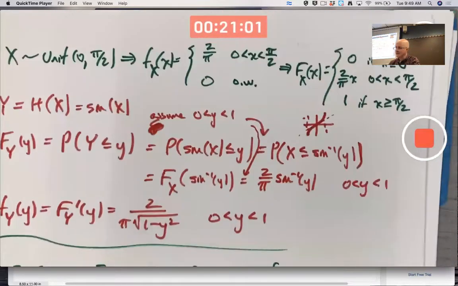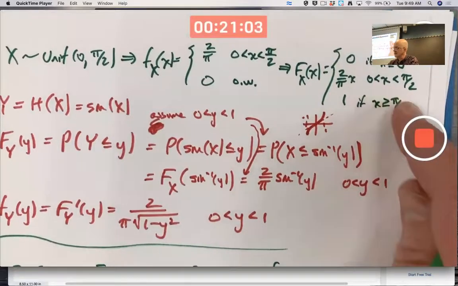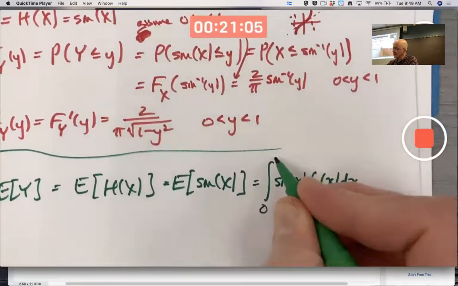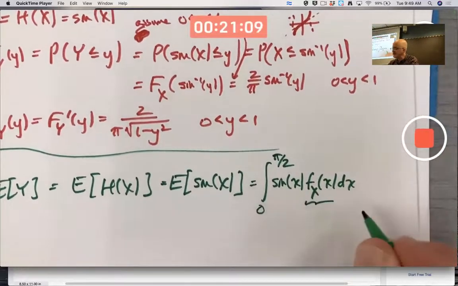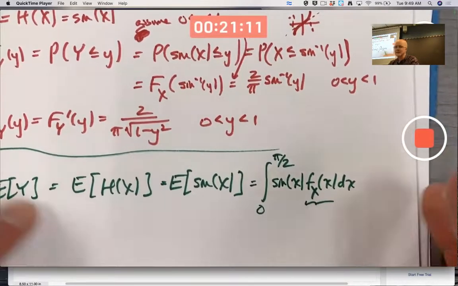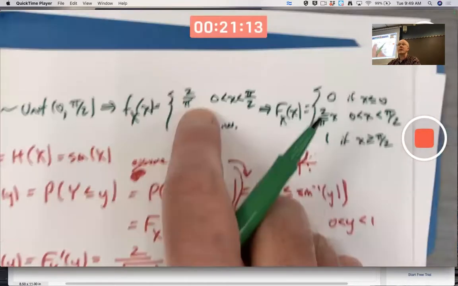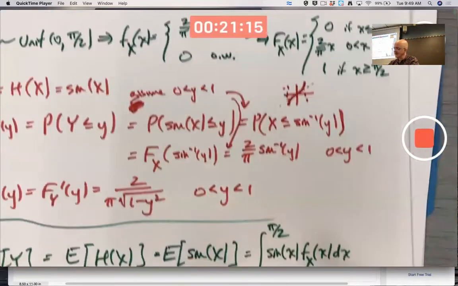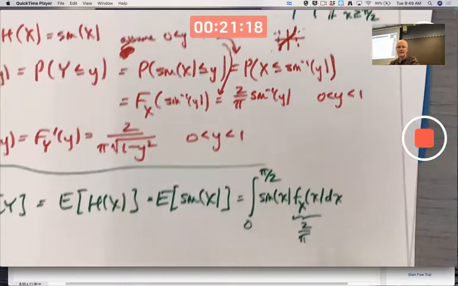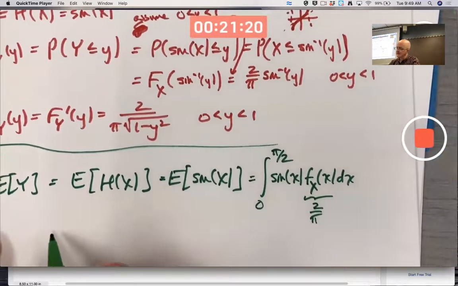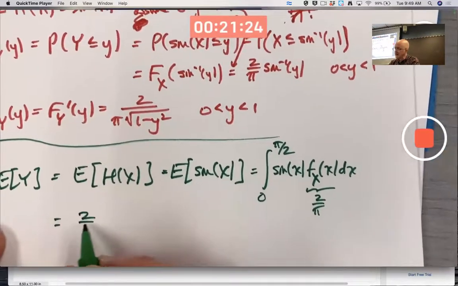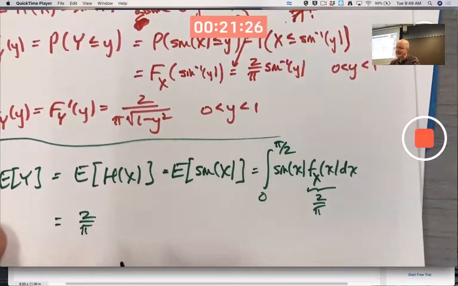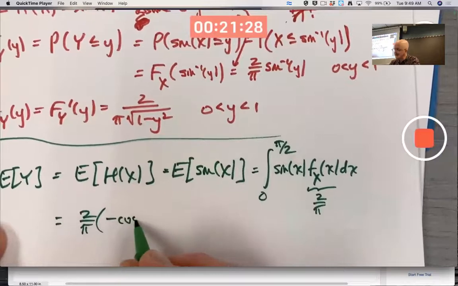That domain is 0 to pi over 2. And the formula for the PDF when x is between 0 and pi over 2 is 2 over pi. So that's a 2 over pi. So you get 2 over pi times the integral of sine, you're going to get negative cosine.